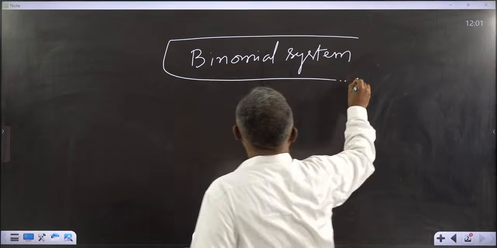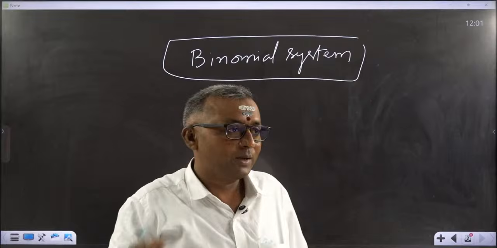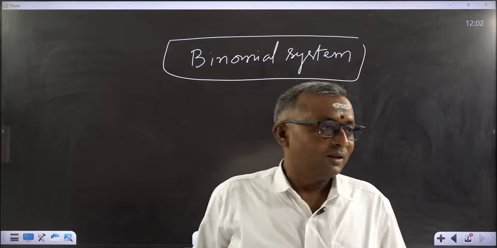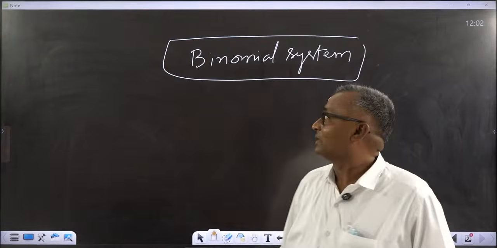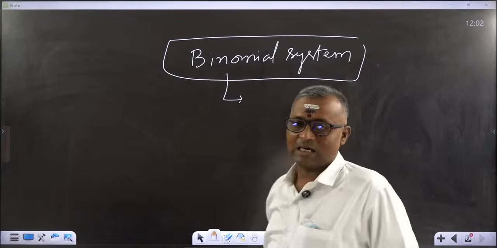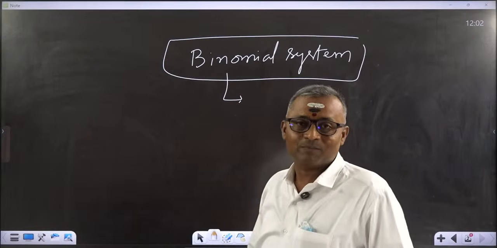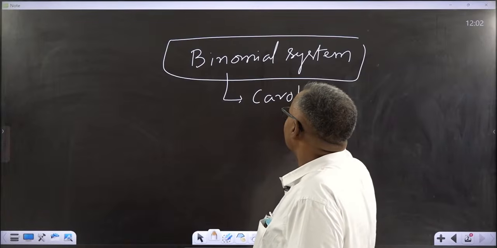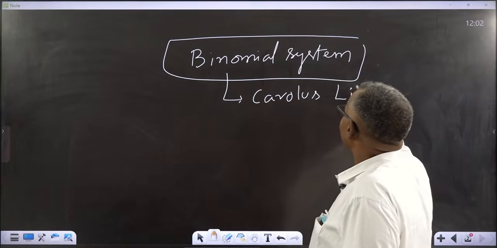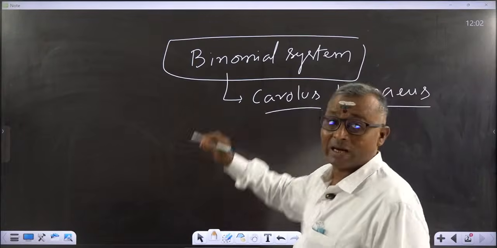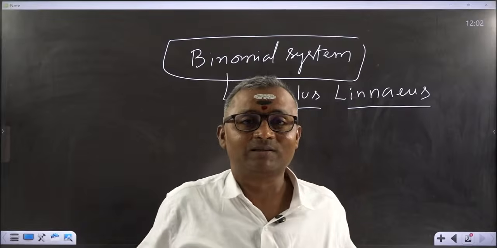Which system? It is the binomial system. Understood? That's very, very important. This binomial system, as we discussed in the last class, was given by Carolus Linnaeus, who has given the binomial system.